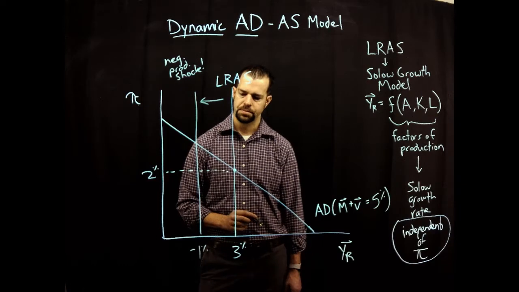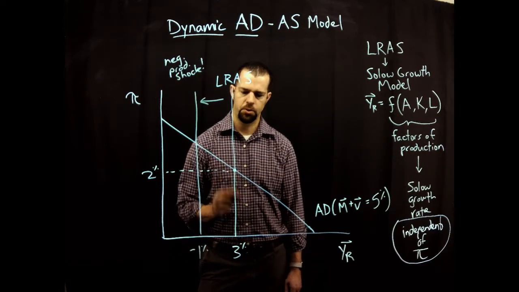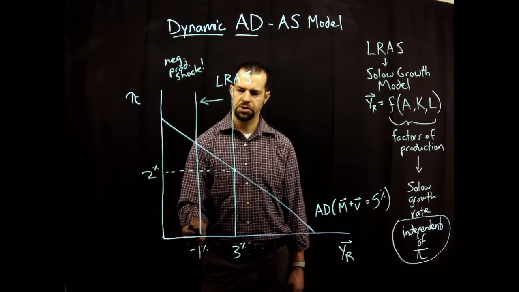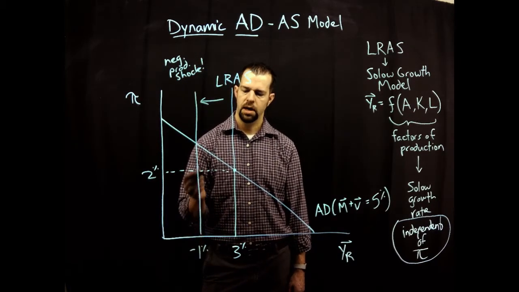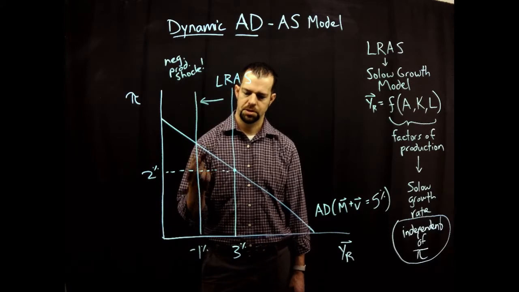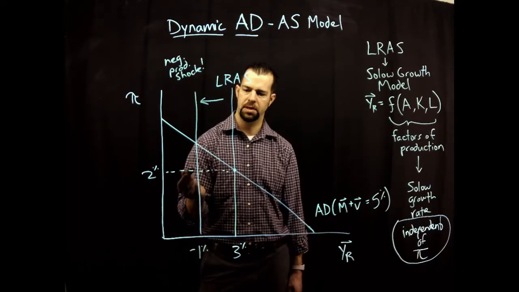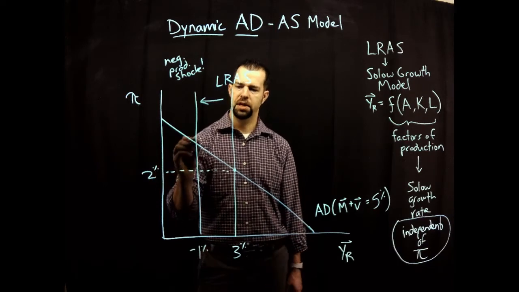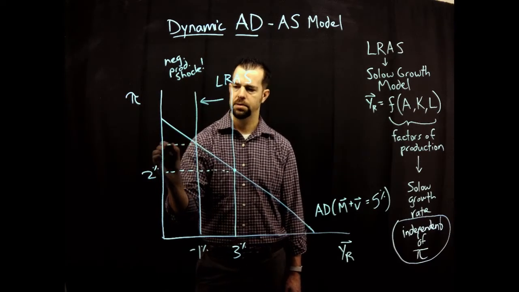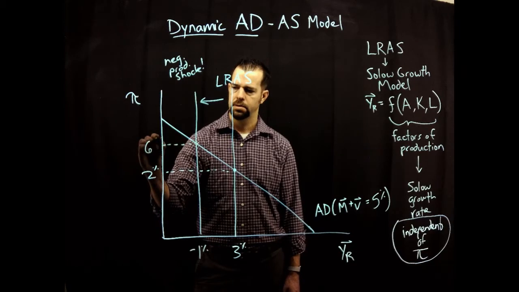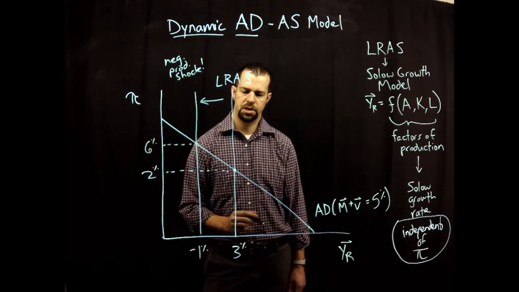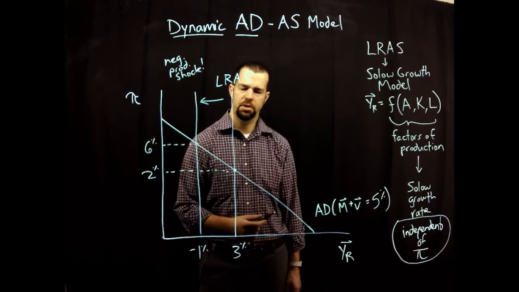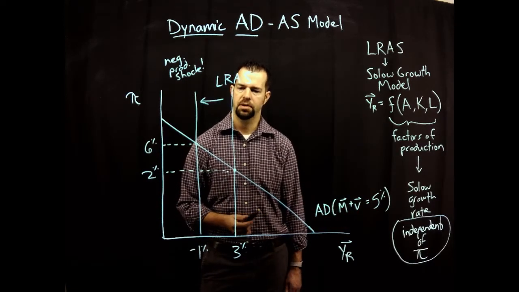So in order for this equation to balance out, then our inflation rate must be higher. And the scale's not quite perfect here, but it still does the job. So if we add a 6% inflation rate plus a negative 1% real GDP growth rate, then we'll still have that spending growth of 5%.